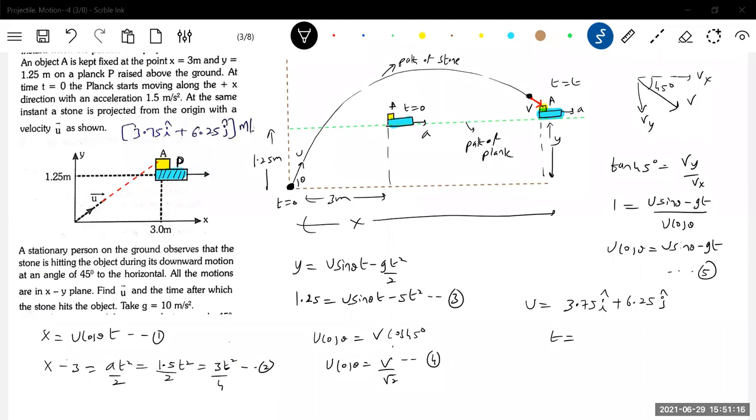Time. I'm getting 0.25. Can you do it afterwards?